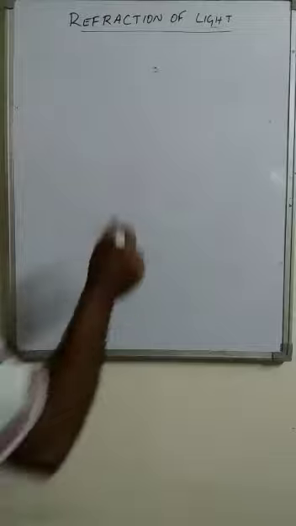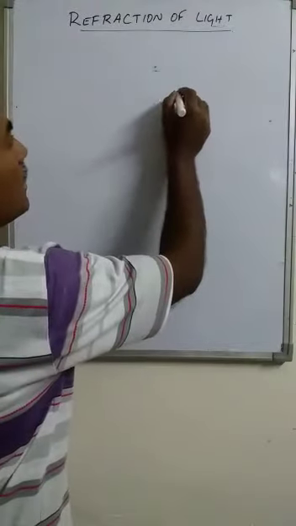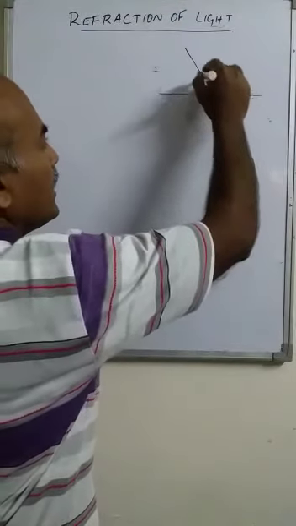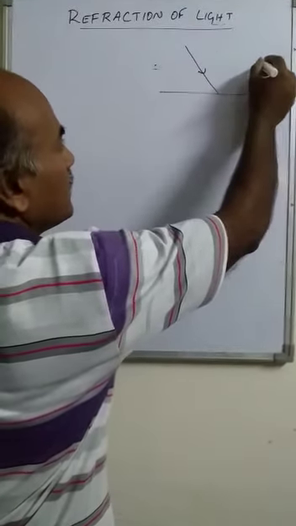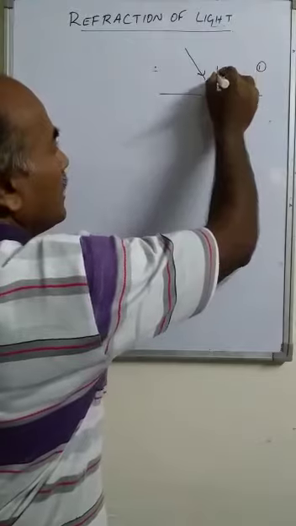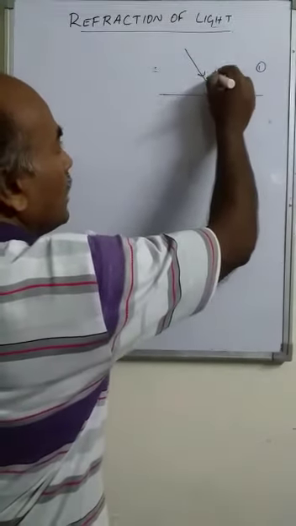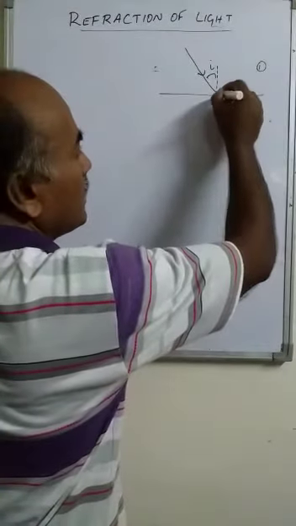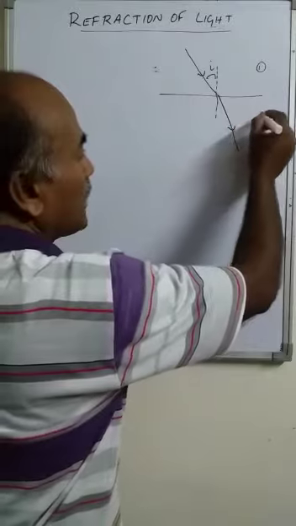Suppose here we take an interface. The light ray travels in the first medium and makes an angle I with the normal, that is the angle of incidence, and then it enters into the second medium.